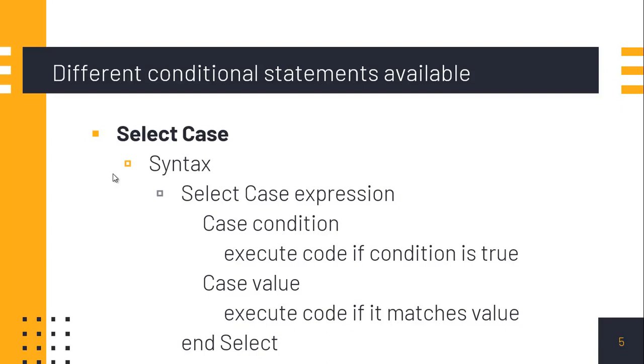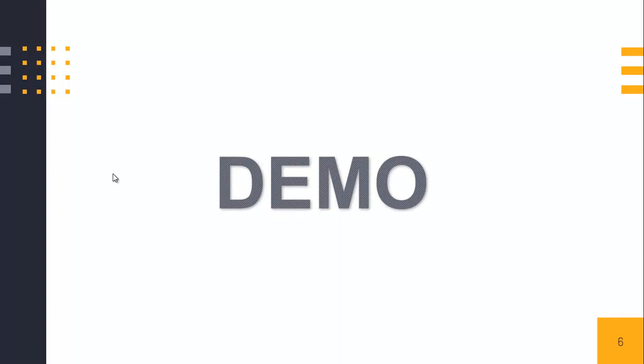You can say something like number plus 5 and check in case number plus 5 is equal to 7, then do something. If number plus 5 is equal to 8, then do something else. So basically, instead of having a condition, you can also have an expression and a value. When that expression is evaluated and a certain value is achieved, we can execute our code on that value as well. Let's jump into a demo and see how it works.